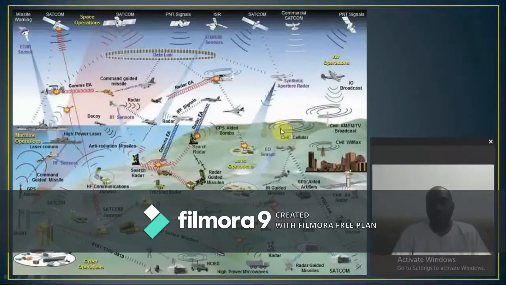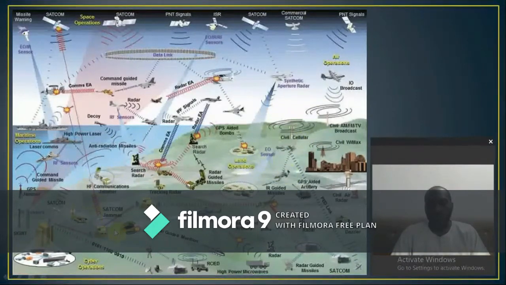Here we have civilian cellular networks, the mobile networks, which can be manipulated in electronic warfare. We have here too the civil media broadcasts, the FM, AM radio, TV signals. That's WiMAX, also a wireless communication for internet connections and so forth.